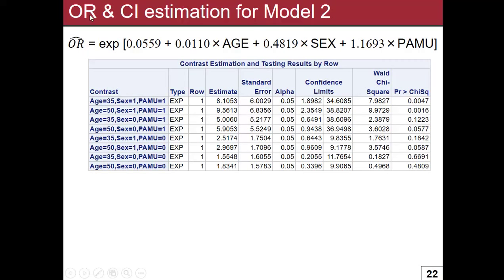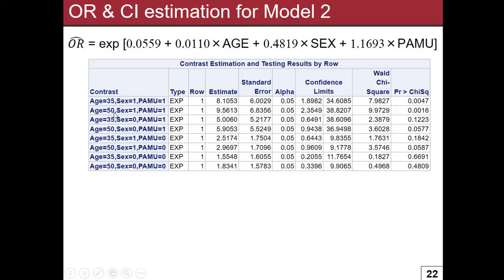And of course, the whole point about effect modification, as we've said, is that depending on the values of age, sex, PAMU, the values of the effect modifiers, we get different answers for the odds ratio. So here's a situation where we've got 8. We've got 2 values of sex, and 2 values of PAMU, and then we have it also at different levels of age.